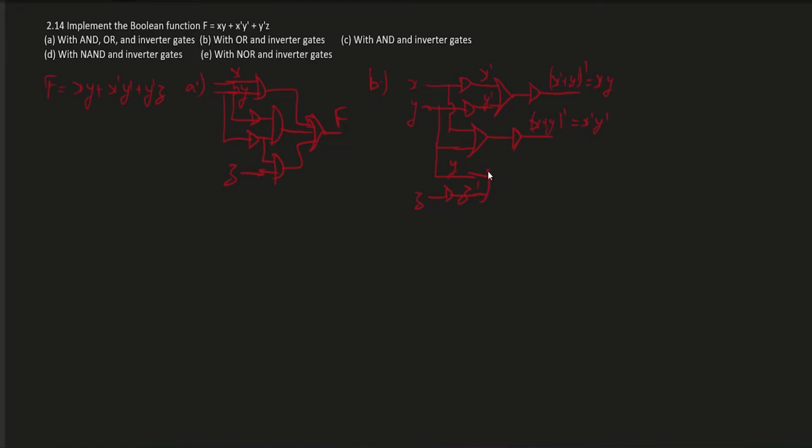We will use an OR gate here under an inverter gate. After applying De Morgan's, we will have y bar and z. So we got the three desired terms. Now we will just OR all these terms.